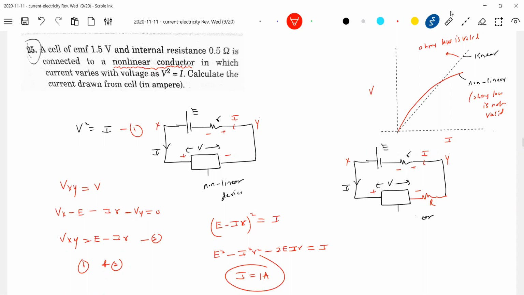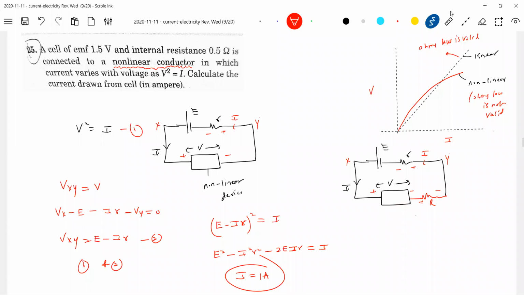Nonlinear device and linear device will be in series.